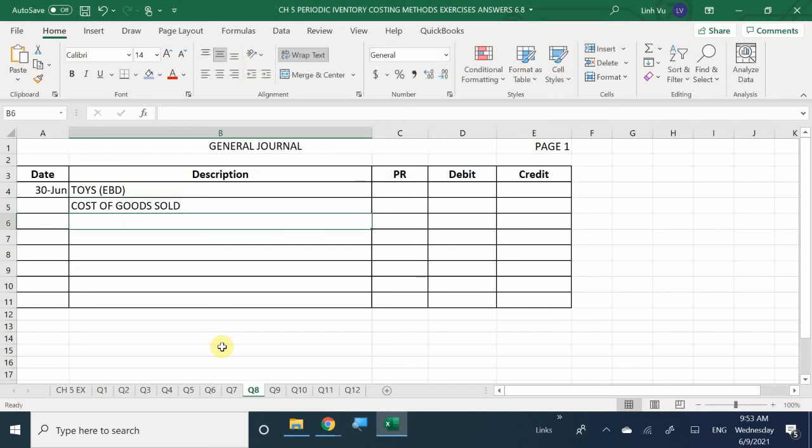What else? The purchase refund. Yes, purchase returns, good. Okay, what else?